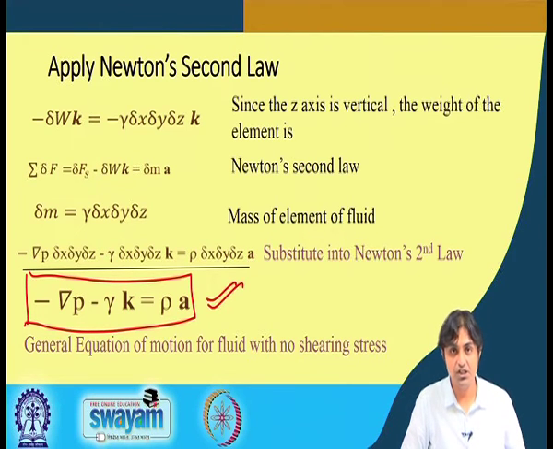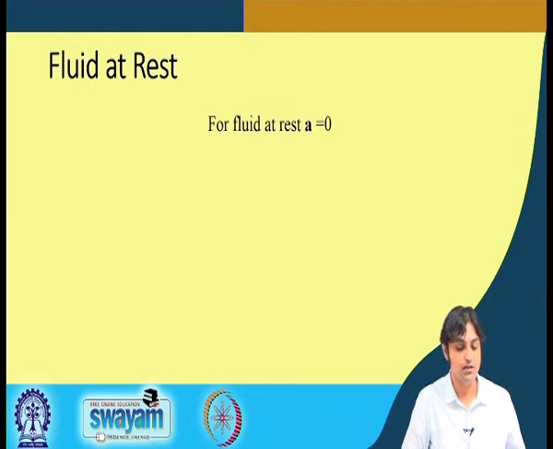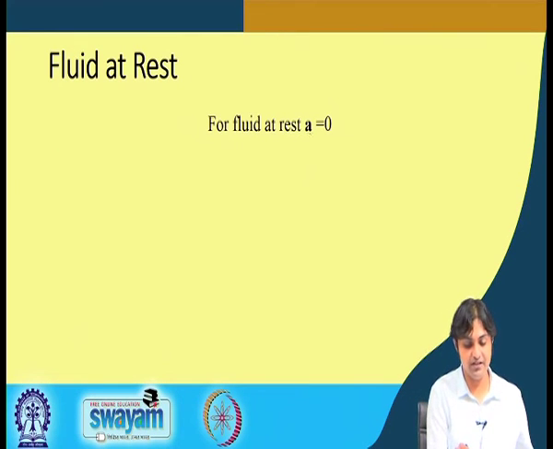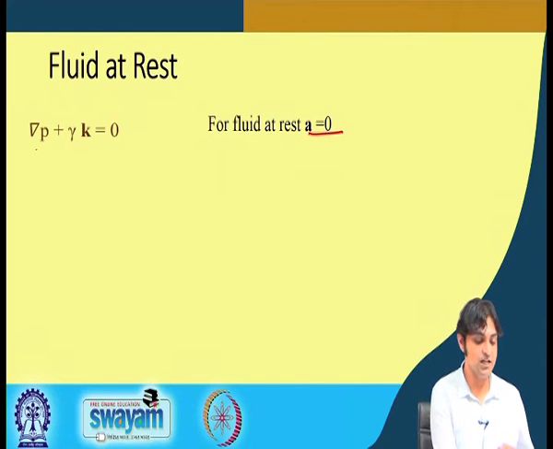One of the special cases is when the fluid is at rest, right. So in case of fluid at rest, the acceleration should be 0, and if we put A is equal to 0 in the previous equation, we can get delta P plus gamma K, this is the direction, okay, is equal to 0.